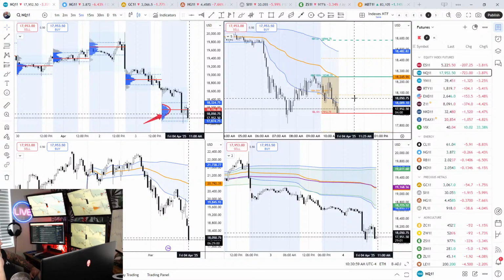You can look short, but I need to see a bigger pullback. Getting short here is too early.